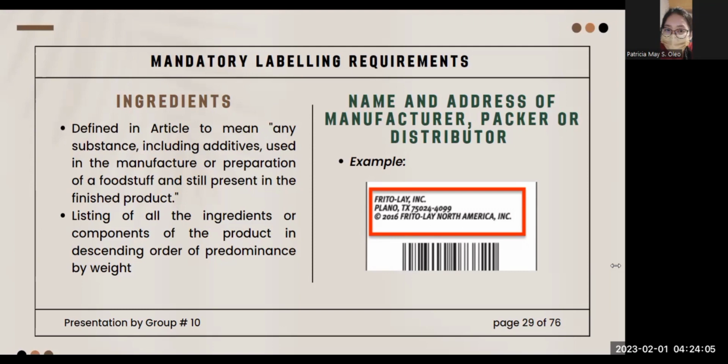Why? Because dito malalaman if the product is safe and legit. Siyempre kapag indicated yung mga infos na ito, you can search it online if you really want an assurance. So, kaya napaka-importante din po nito.